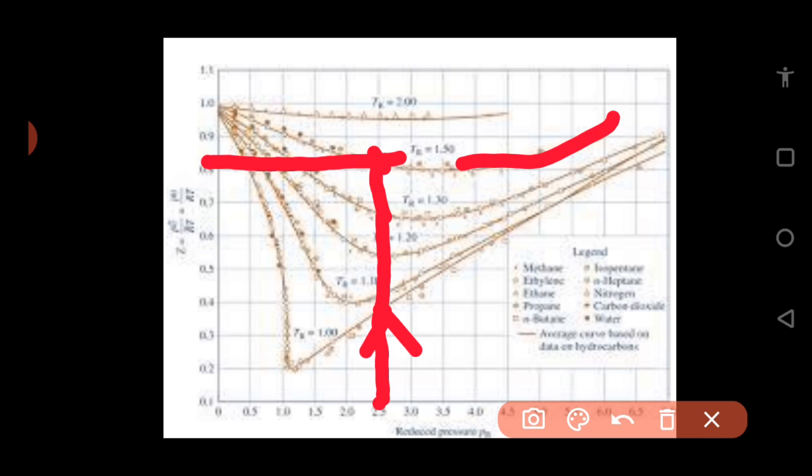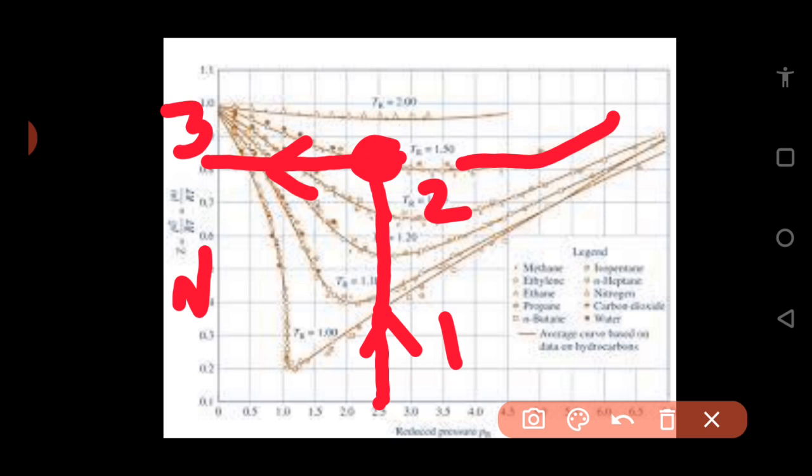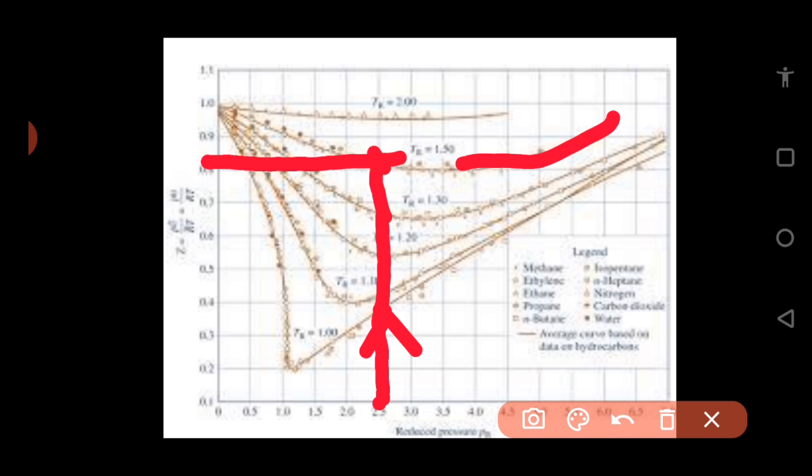Wherever they intersect, this is the point. Then I will go to the left, where this axis is the compressibility factor, slightly above 0.8. So first we take the reduced pressure line, then the reduced temperature line, and from the intersection we read the compressibility factor, that is the value of Z.